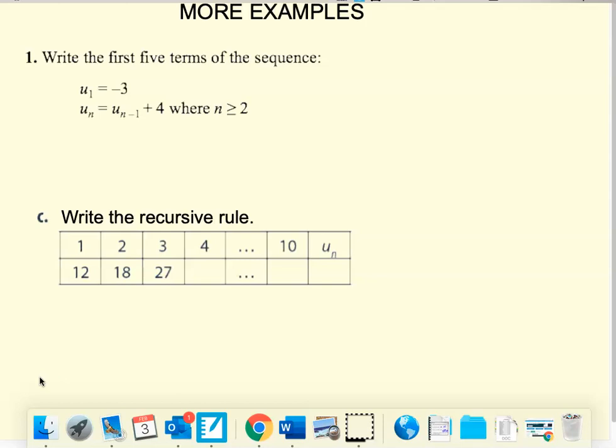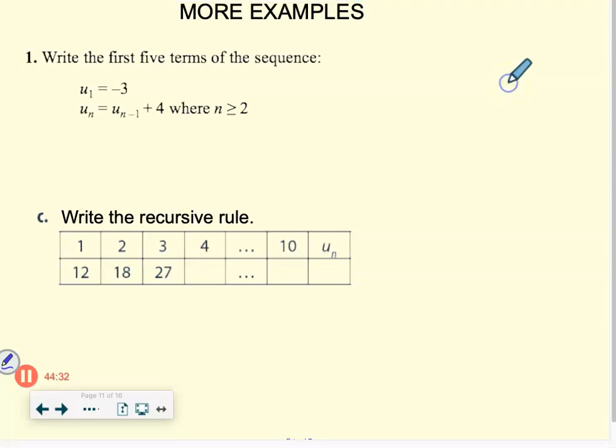Sophia, hi. How are you doing? Good. Sophia, can you tell me the first 5 terms of this sequence right here? The rest of you, quiet down so I can hear Sophia.